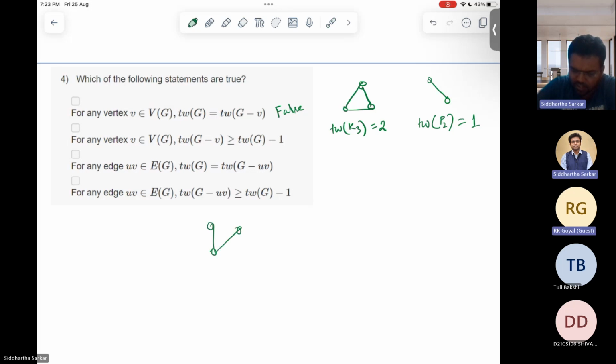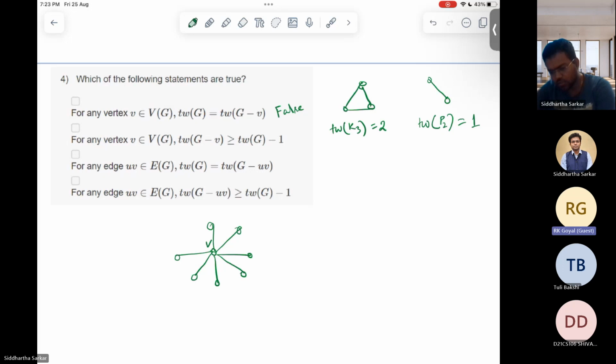Are you talking about a star? Yes, the center of the star. So if I remove this V from here, then in this case the tree width is equal to 1. But then why don't we connect all other vertices also? Let it be a nice wheel kind of a thing.